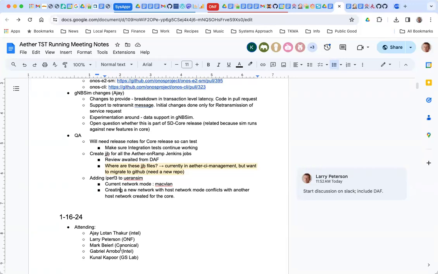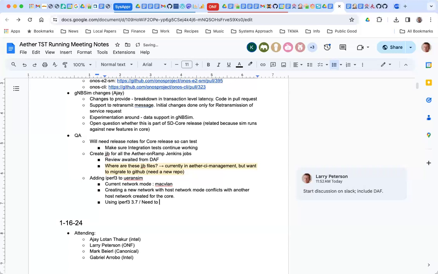We are using 3.7. In one of our projects, we had to upgrade the iPerf version.